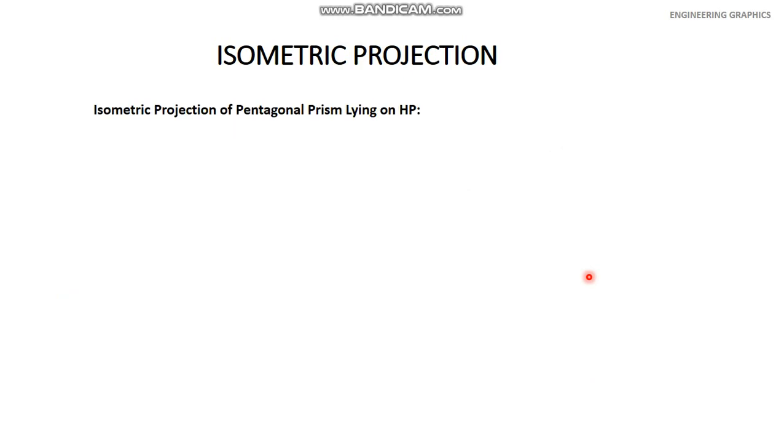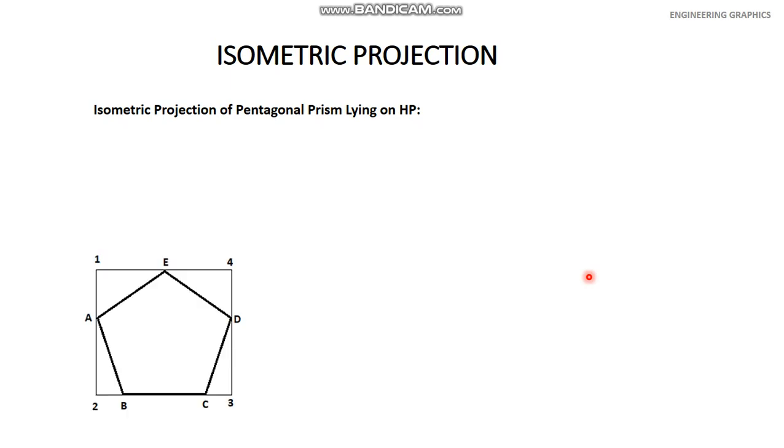Now the isometric projection of pentagonal prism lying on HP. First of all, draw the pentagon, cover it in a rectangle 1, 2, 3, 4. This is the orthographic view.